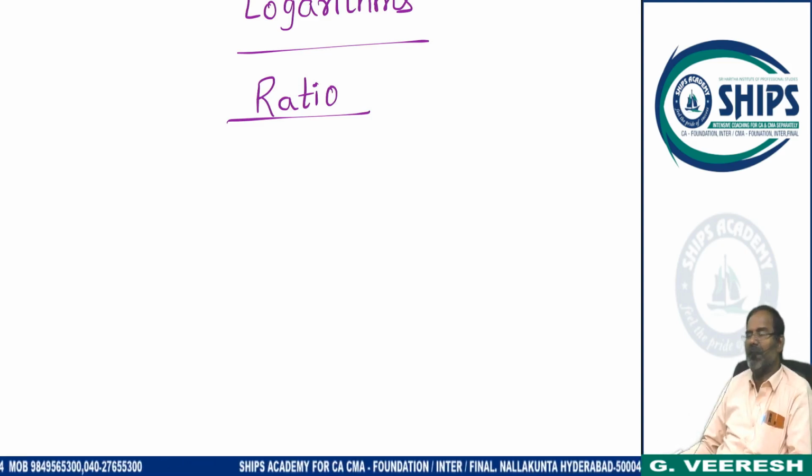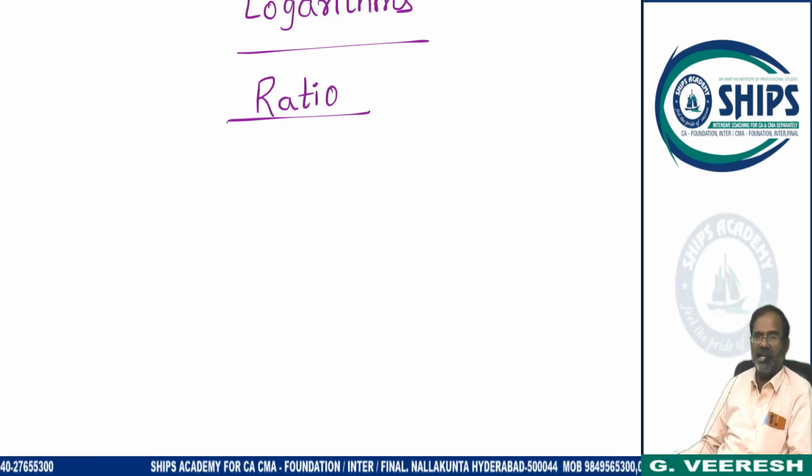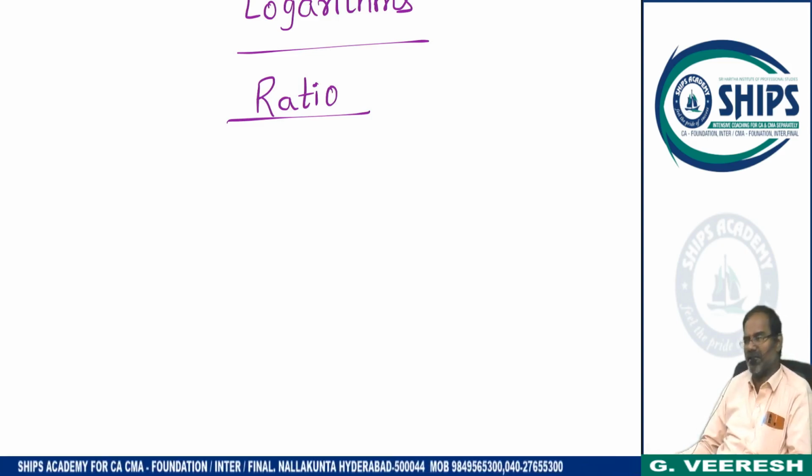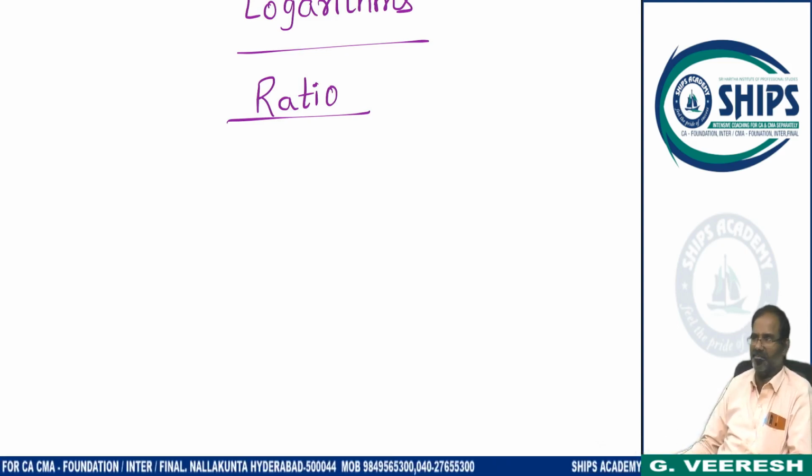Suppose in the exam they are giving 100 questions in 120 minutes. If you can do 60% of the questions correctly in that time, that means only 60 questions you are doing.